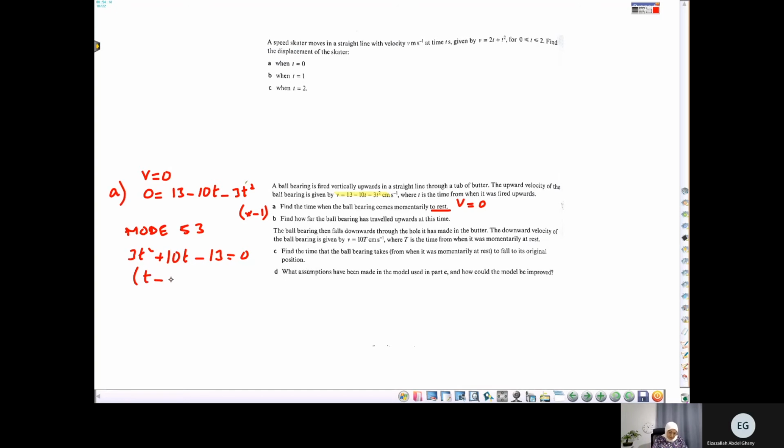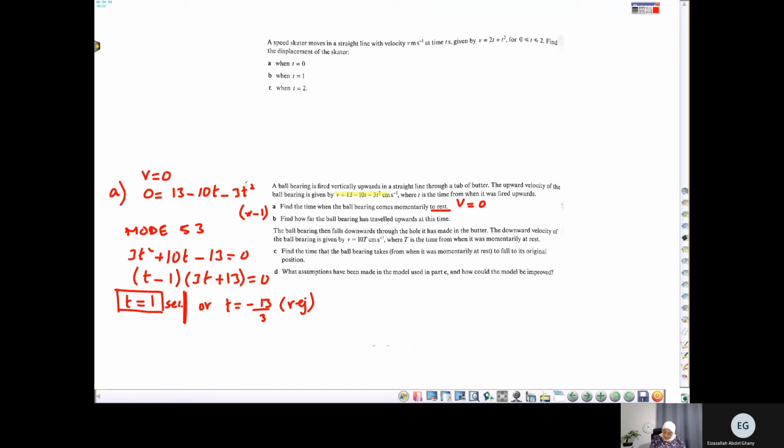Here (t minus 1)(3t plus 13) is equal to 0. Either t equals 1, which is a reasonable answer, or t equals negative 13 over 3, which is rejected because time is never negative. So we got the answer of part A. The time will be 1 second.